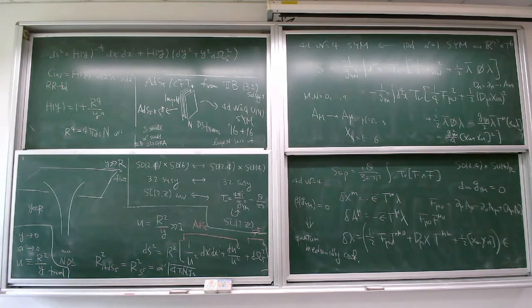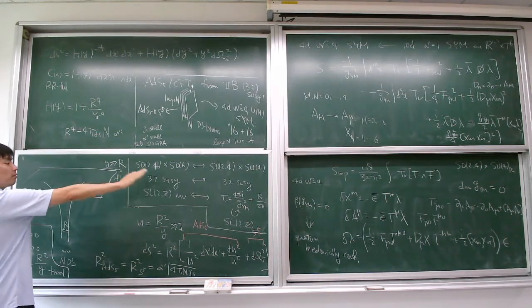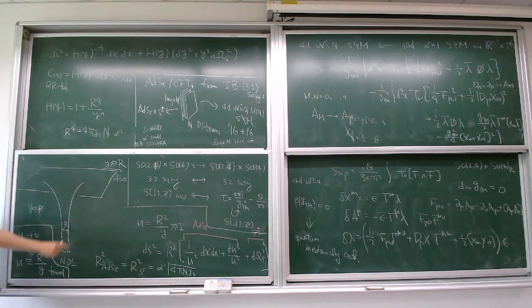In this case, near horizon, the asymptotically flat region is decoupled from the region in this throat.